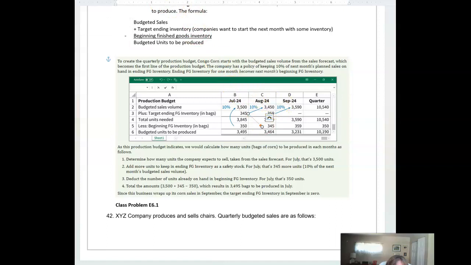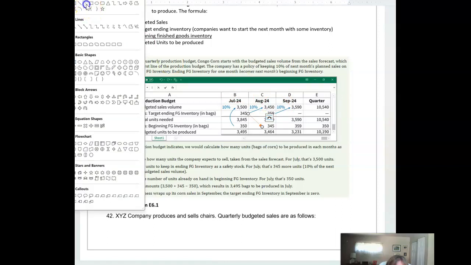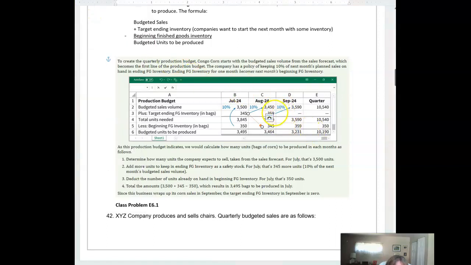Here, this 359 becomes ending inventory in 1 month and beginning inventory the next month, and the same thing for the last one. So we've got July, August, and September. And in July, since we didn't really have a beginning inventory number, they kind of gave it to us here. But what we could do is take 10% of that current month's sales and make that our beginning inventory, because that's what it would have been.